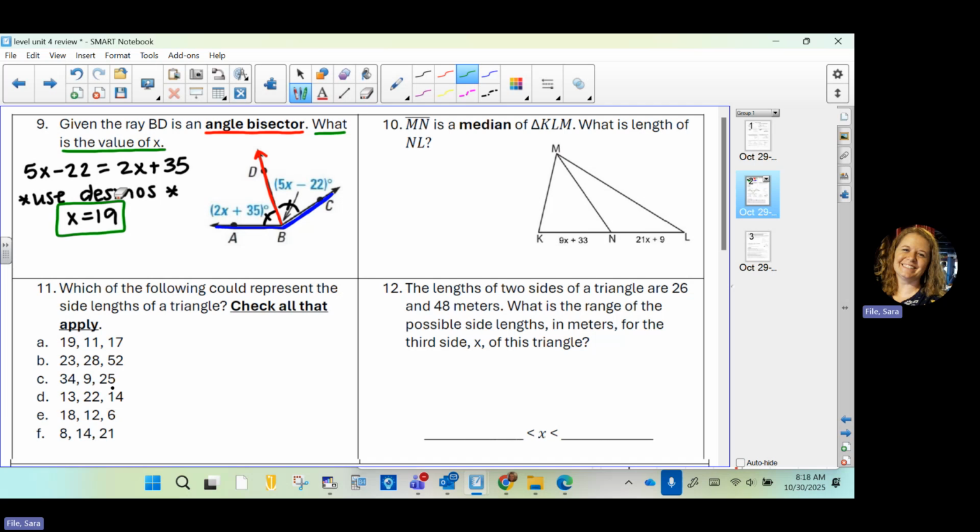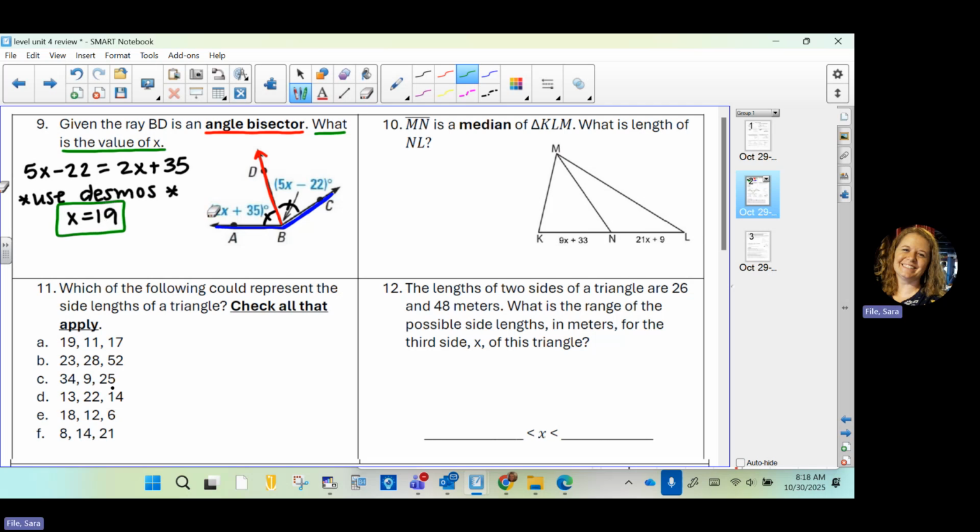Now, some questions don't ask for the value of X. That's why it's very important that you go back and read. If the question said, find the measure of angle ABD or DBC or ABC, what would I have to do? What would I do with this 19?